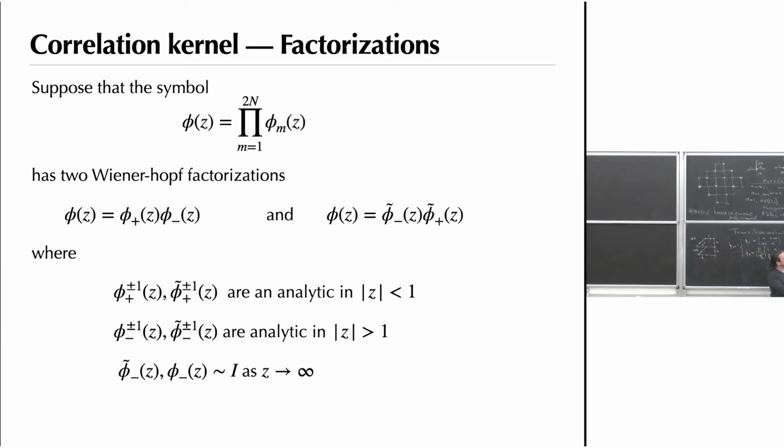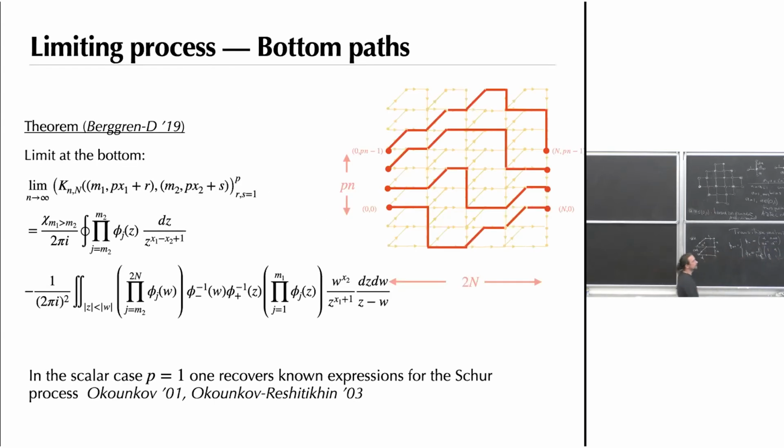Such that the phi plus, and its inverse, and also for the tilde, are analytic inside the circle, and the phi minus is analytic outside the circle, and at infinity these phi minus are normalized so that they go to 1. If you can find this factorization, then you can find a nice expression for the double integral expression for the correlation kernel. And now I speak here about the limit at the bottom.